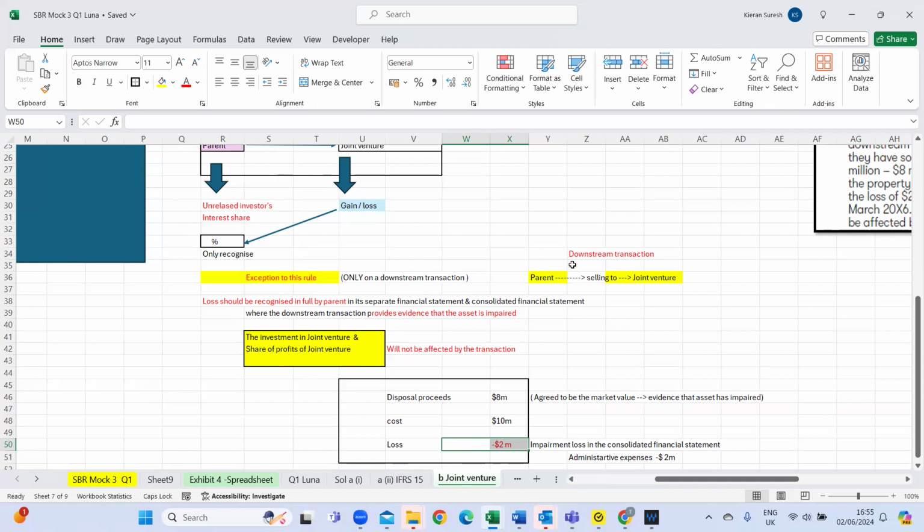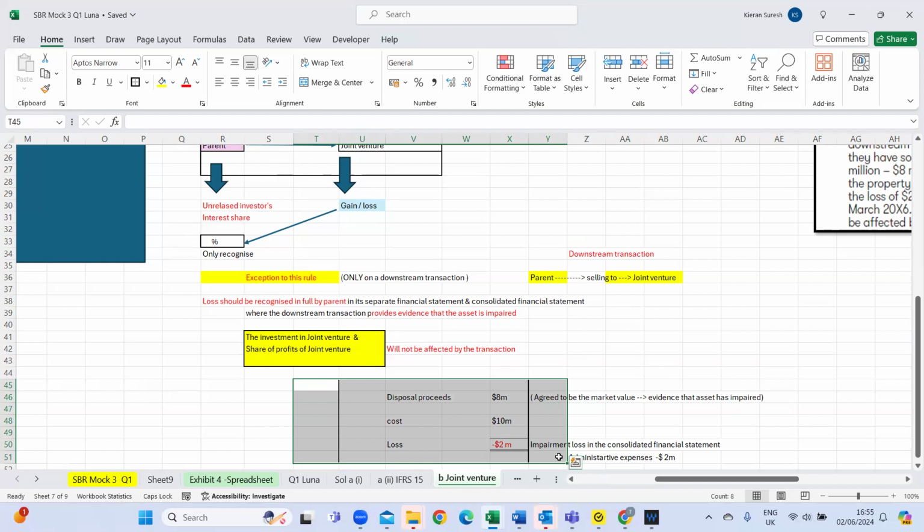Why? Because this is a downstream transaction and there is also evidence that this asset has impaired. In that case, the parent must bear the loss fully, so the full amount of the loss must be charged to the parent.